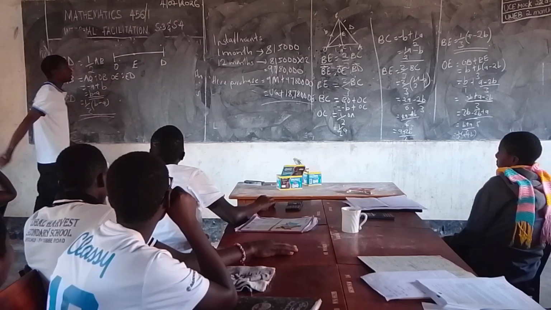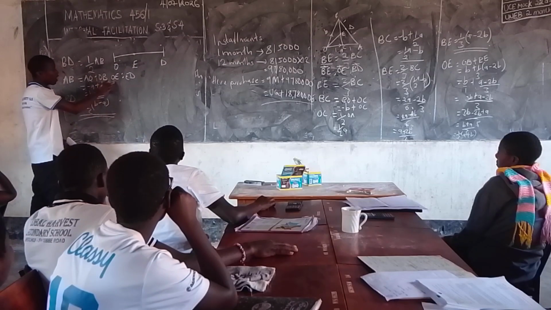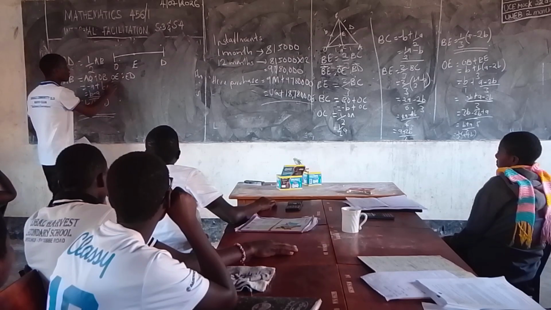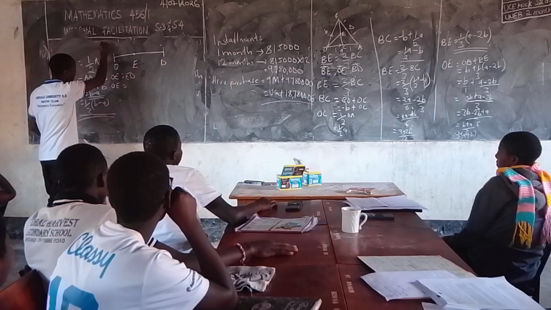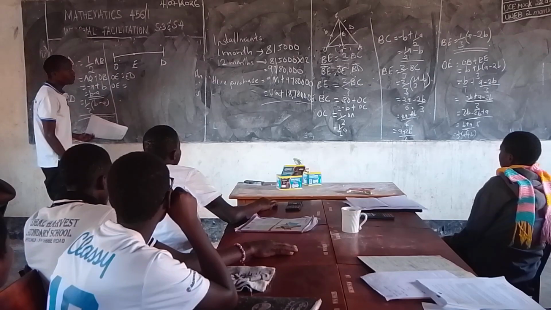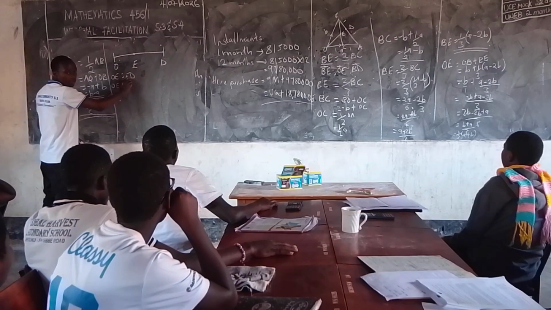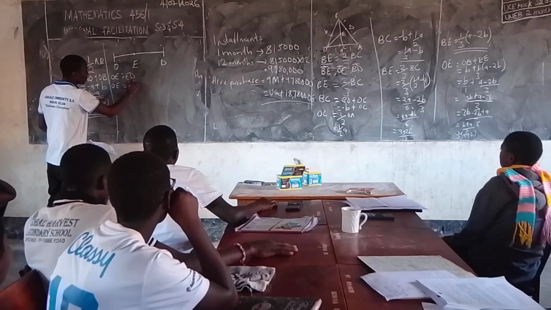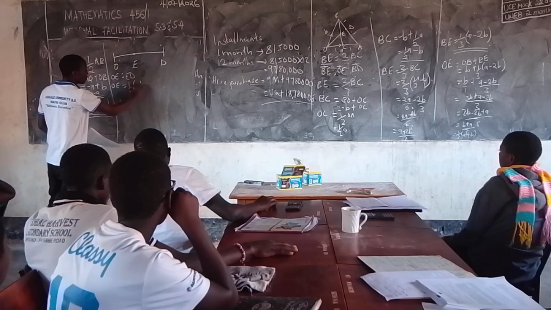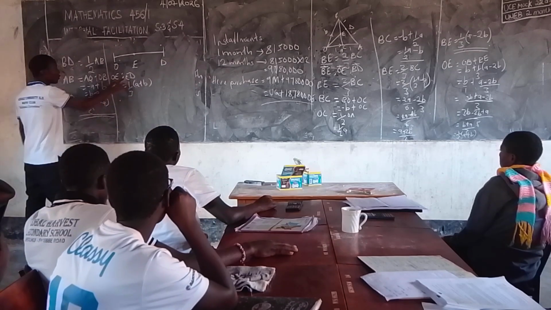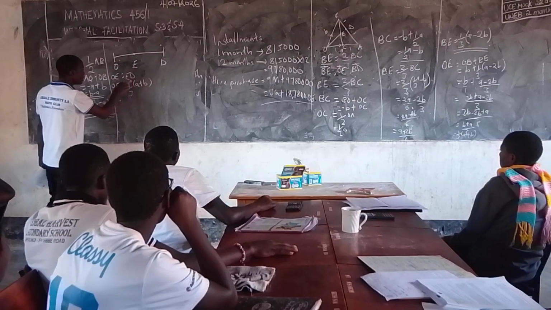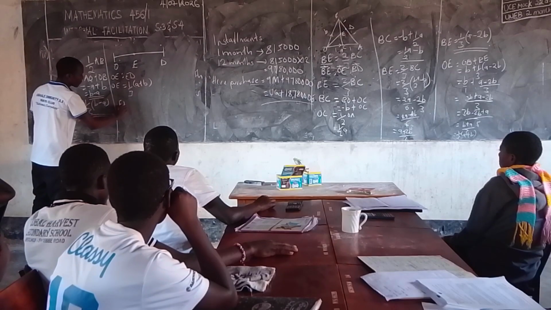So here, we have our OE, which is a third of a plus b. Okay, so we have just a simple task to find ED.